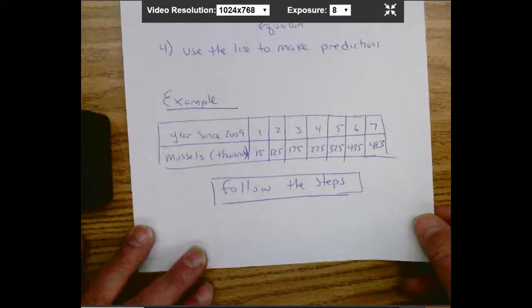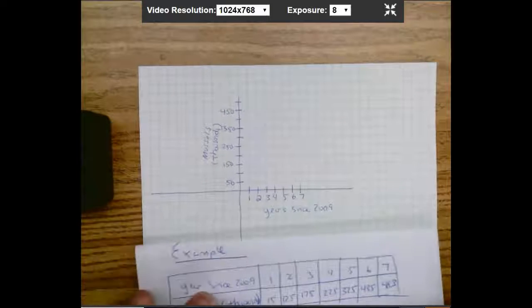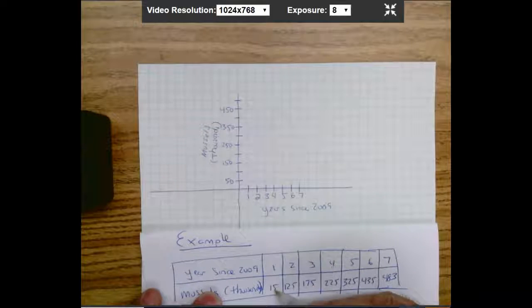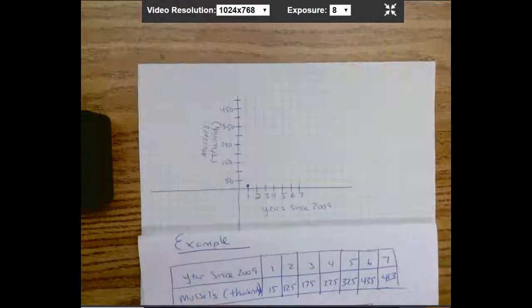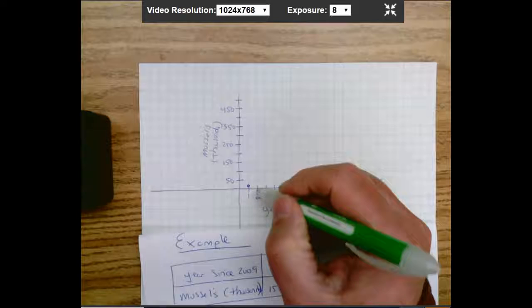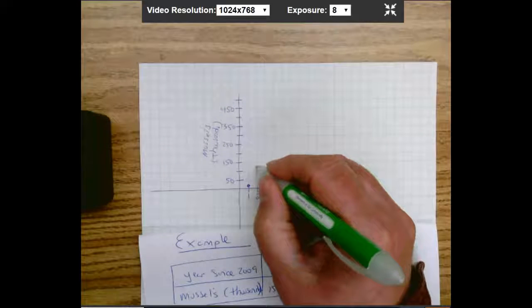Okay, so let me set up the graph here. So here's our setup for the graph, and we're going to add our data. So if we just show you this data, I'll put it underneath, and we can kind of put it into the graph. So in year 1 we had 15, so it's going to be somewhere down around here. We're just going to estimate it. Year 2 we have 125, so that's about here.